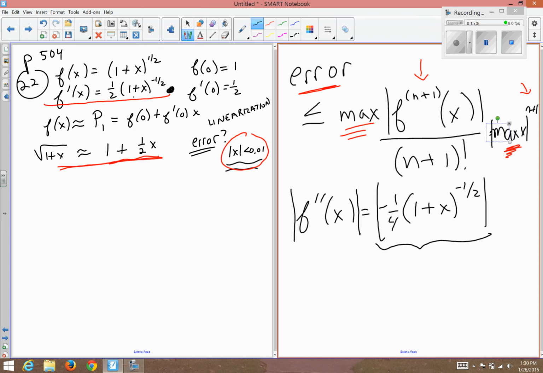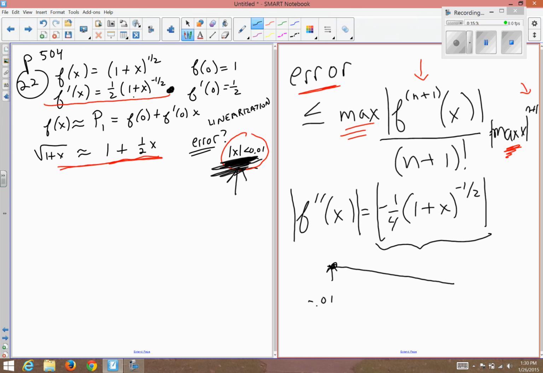I could see that in the interval in the question, -0.01 to +0.01, the graph starts up and goes down. So the maximum is at the end point, when x was -0.01.